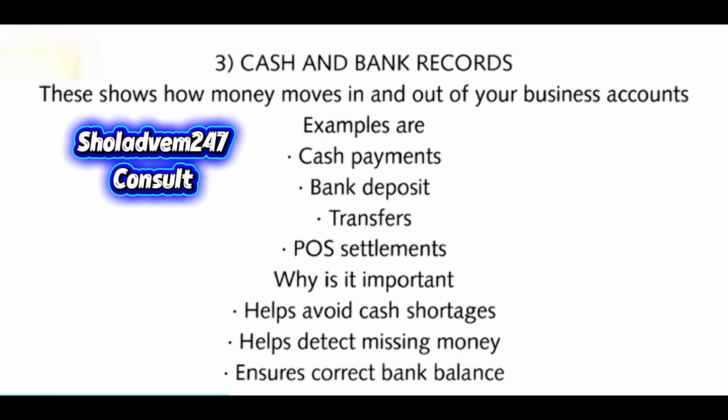Why it is important is because it helps avoid cash shortage and also helps to detect missing money. Another reason why it's important is that it ensures correct bank balance. So with your cash and bank records, your balance will always be correct.